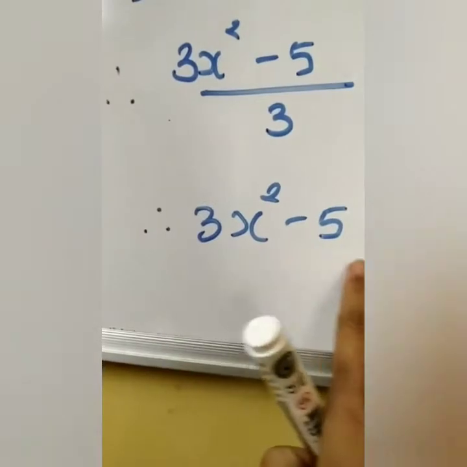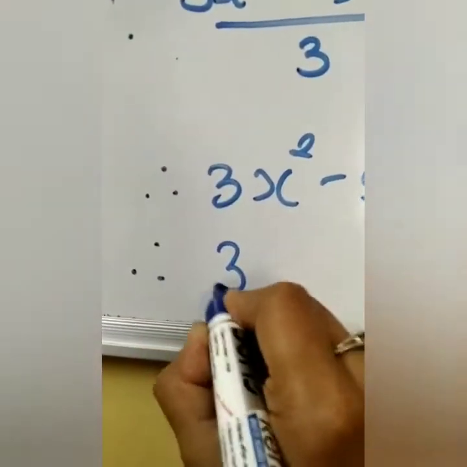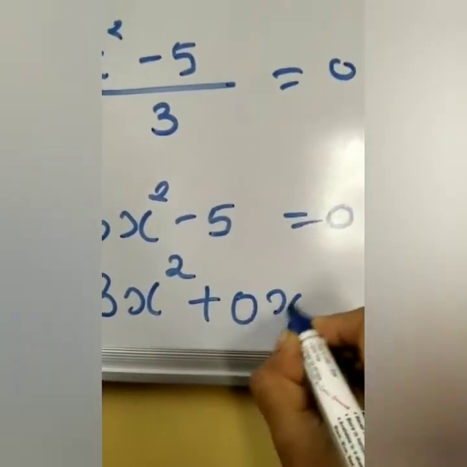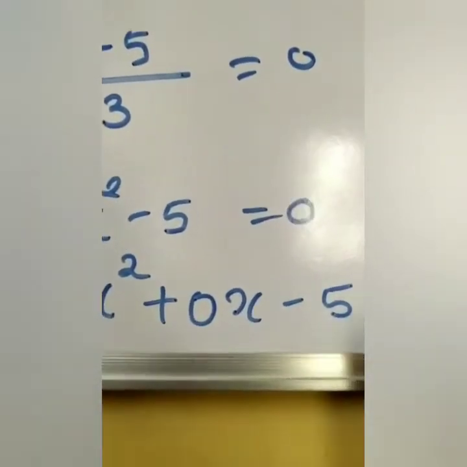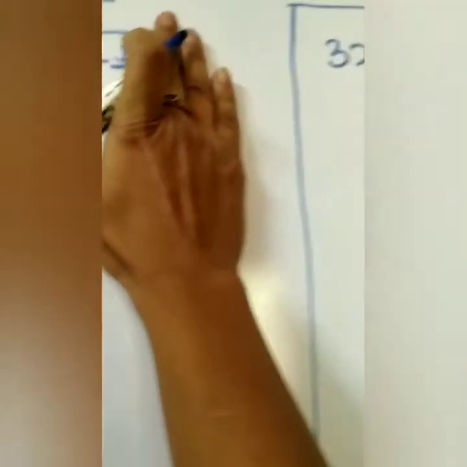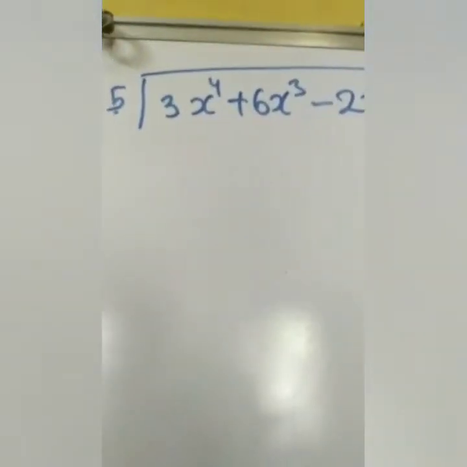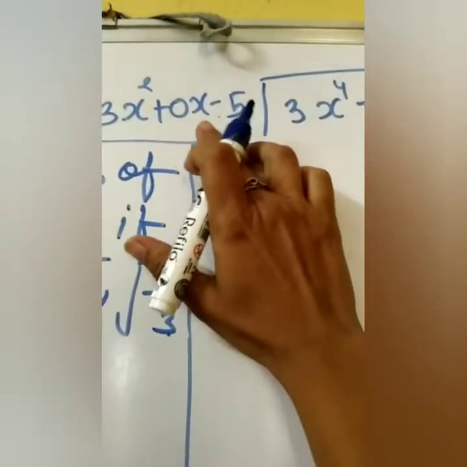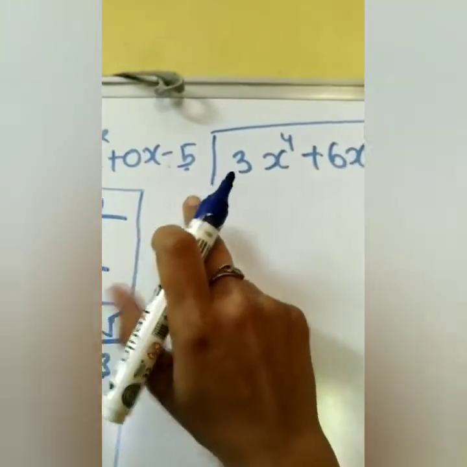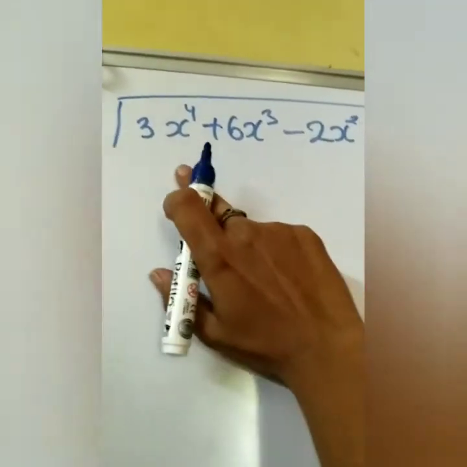But as you can see, it is not in the proper form, so we can convert it to 3x square plus 0x minus 5. So we will be more comfortable dividing this. We have to divide by this 3x square plus 0x minus 5, which is our g of x.